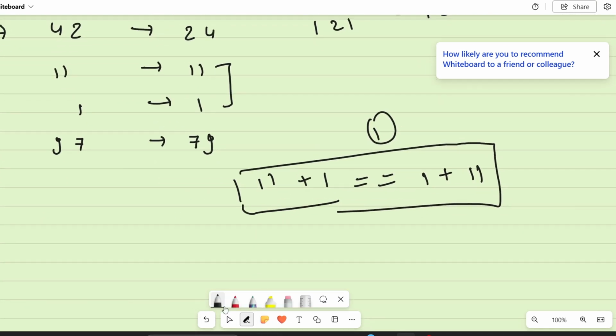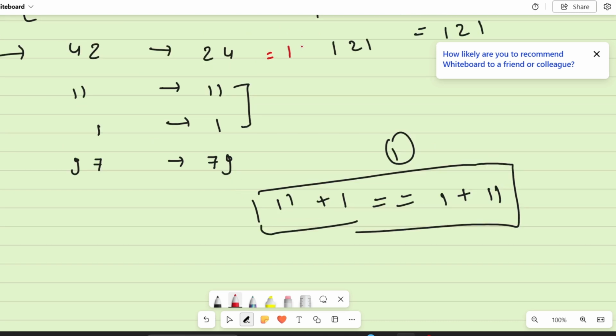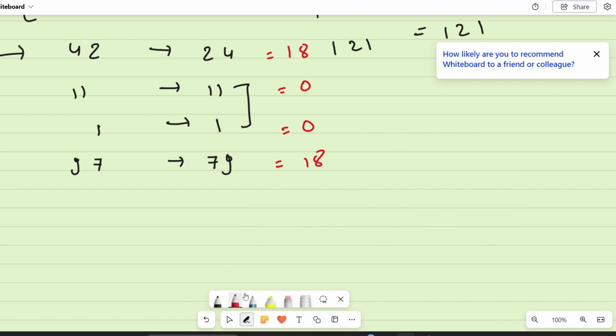So the difference here is 42 minus 24, which is 18, and 11 minus 11 is 0, 1 minus 1 is 0, and 97 minus 79 is 18. Here you can see that the numbers which form a pair have the same difference.